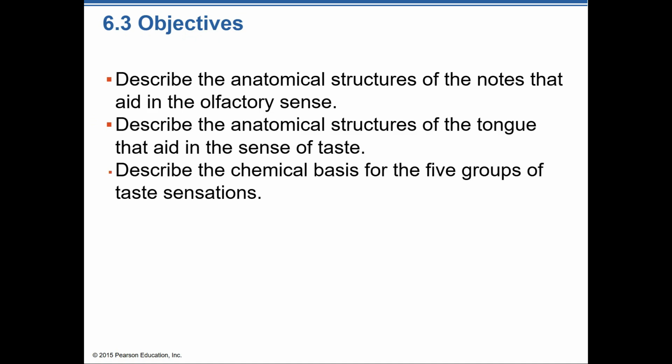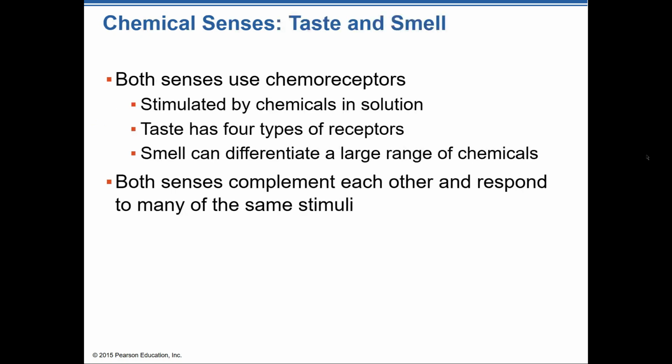So our big ideas here are the anatomical structures of the olfactory sense and the taste and how those work, right? In the taste, we're also going to talk about the reasons we have 5 different tastes and what chemicals give those to those. And we're going to talk about chemicals because these are both chemoreceptors. So the receptors are triggered by chemical bonds, right?